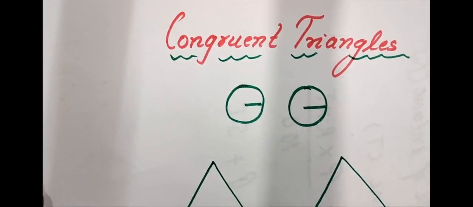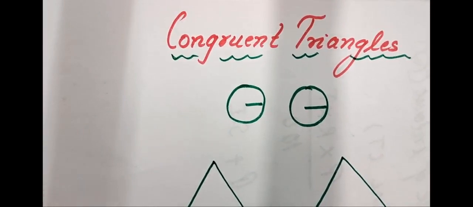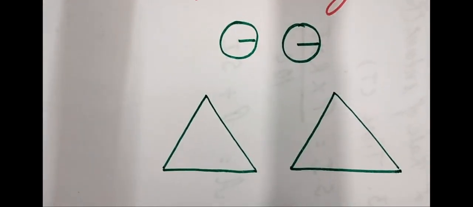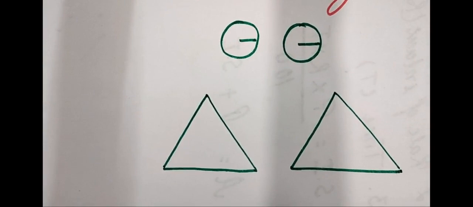Is it necessary to verify all six conditions, that means all three angles and all three sides are equal? No, it is not. It is observed that when some of the conditions hold good, the other conditions are found to be true automatically. The least possible number of conditions that are sufficient to establish the congruence of triangles are these.